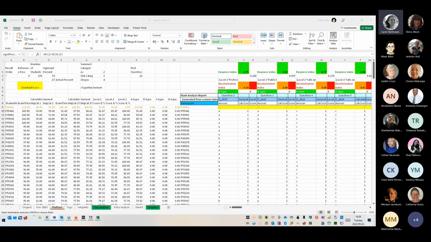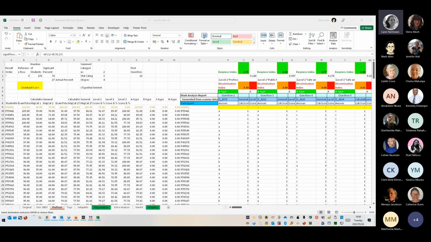So I don't have a better name for it, but one of the things, I mean, there's always this question about what's the cutoff of the easiness index and the discrimination index before you should be concerned about a question, that there's something technically wrong with the question or the way the students interpreted the question, so that it's not a great question.